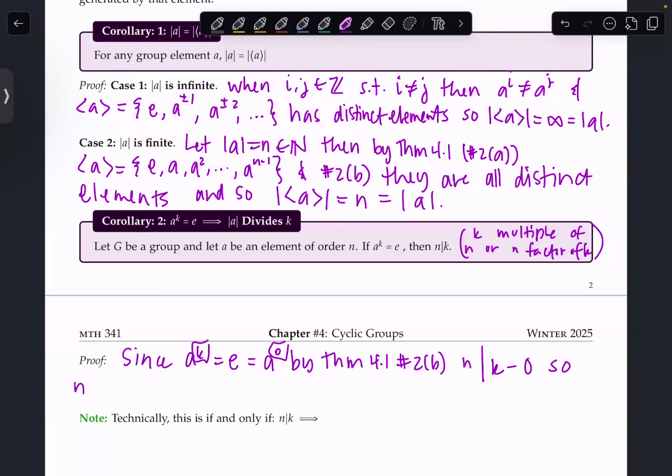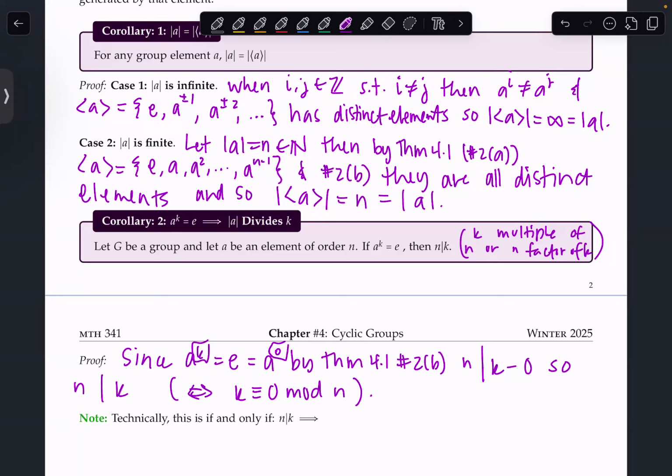And this is the part that we were trying to show, that n does divide k, right? This is the same as thinking k is equivalent to 0 mod n, which means that n divides k. Right, k is going to be some integer multiple of our n value here.